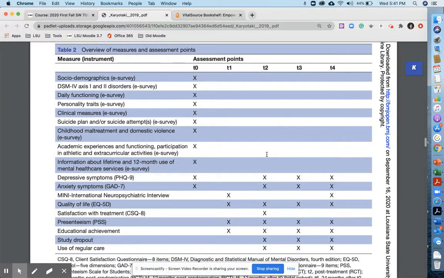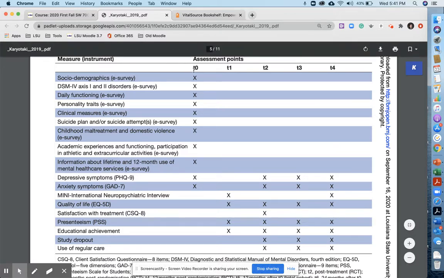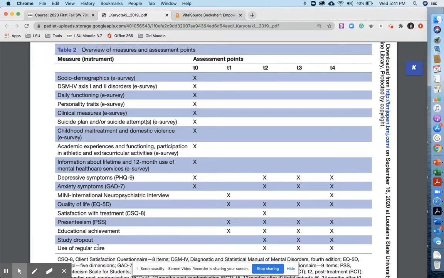This is Table 2, the overview of measures and assessment points. It tells you the 5 different times that they took data, and marks an X by which of these measures they did.